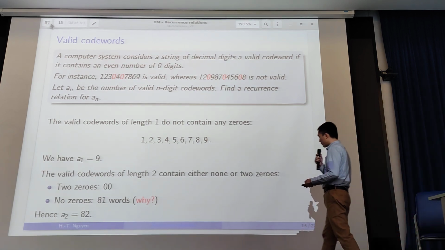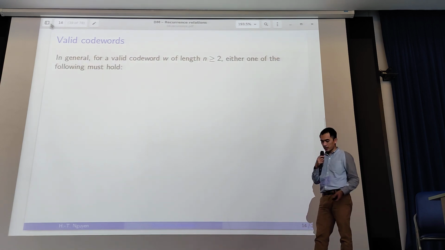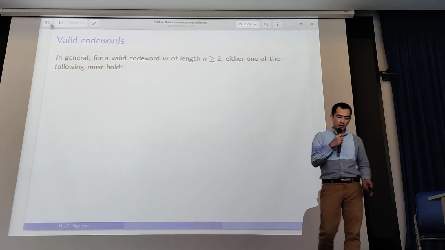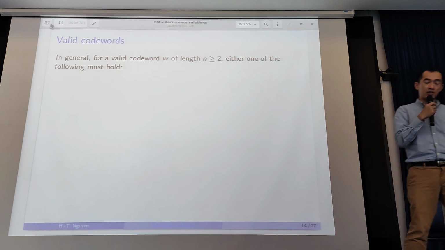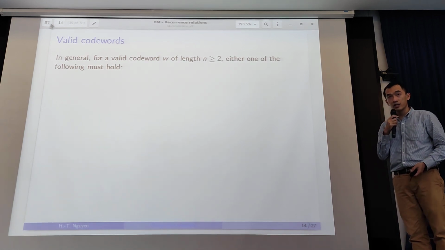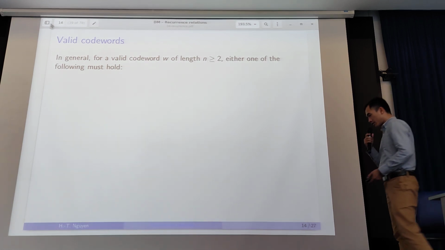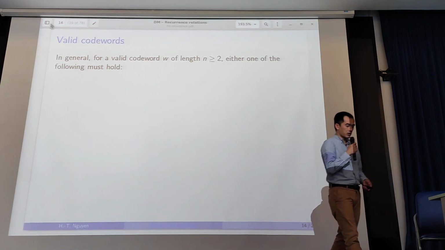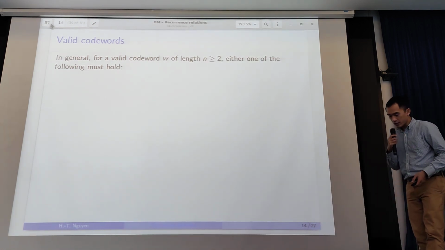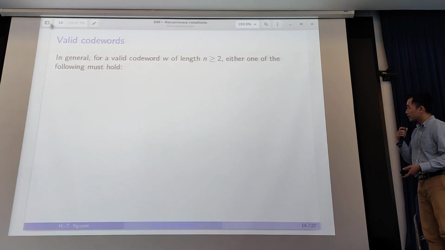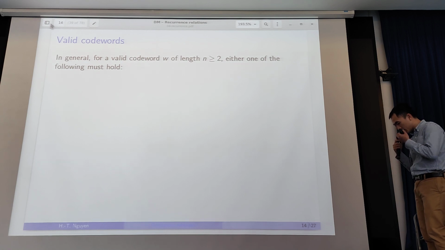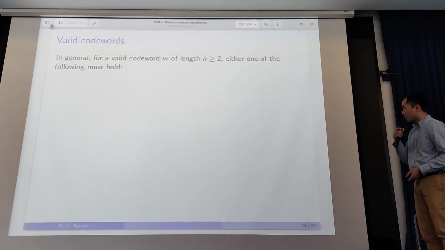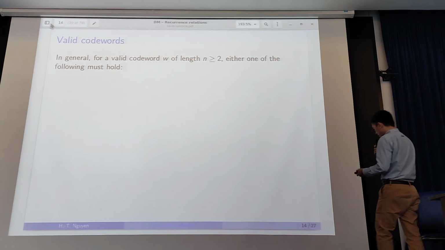So here is a technique to establish a recurrence. We used a similar way in the Tower of Hanoi, and now we will do the same.